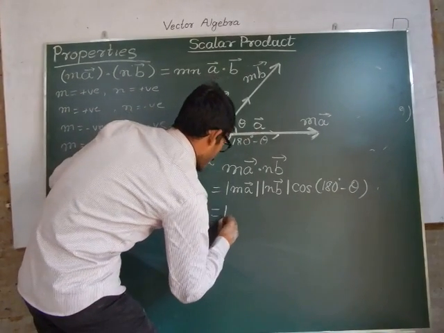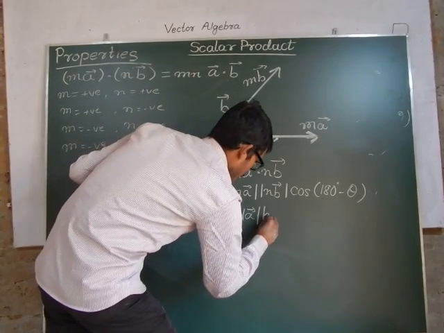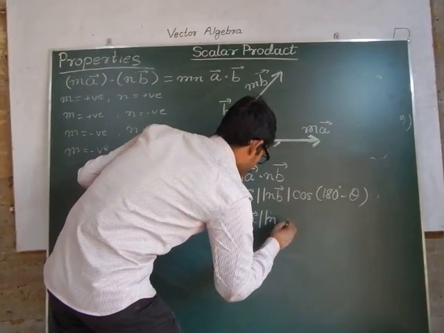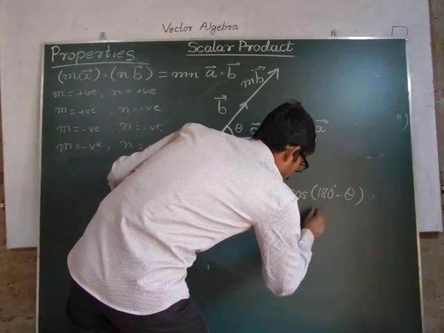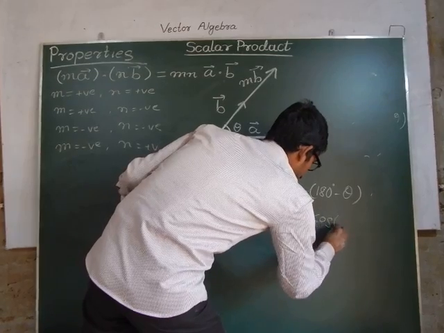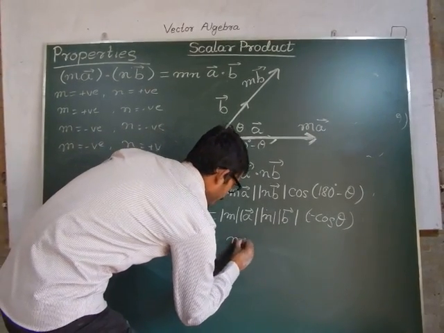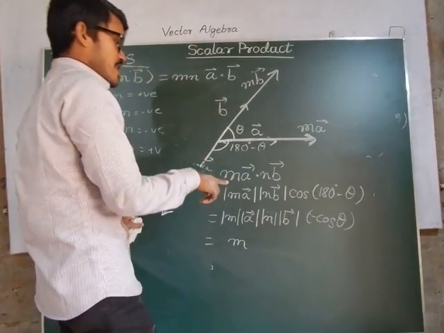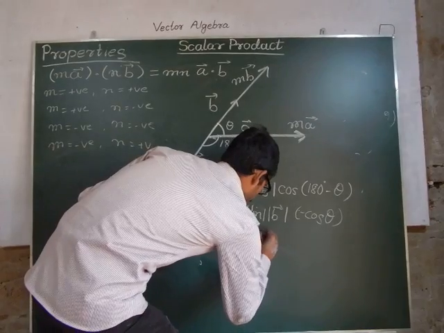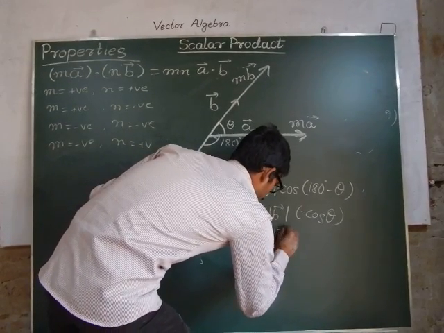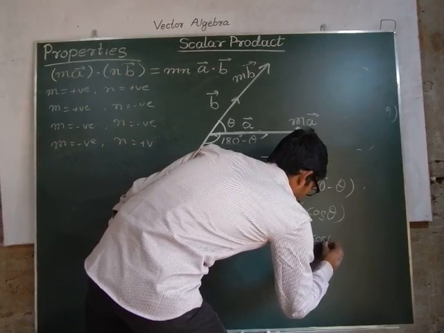Magnitude of ma is magnitude of m into magnitude of A, magnitude of n into magnitude of vector B into minus cos theta. Magnitude of m is m, magnitude of n is minus n because n is negative. So minus n, magnitude of A, magnitude of B into minus cos theta.